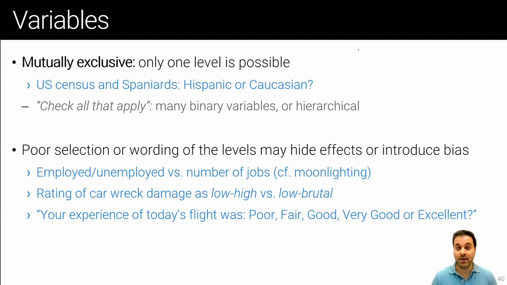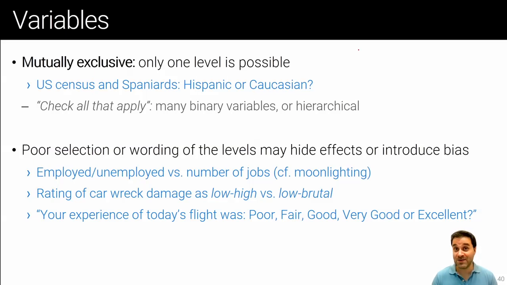Or we could say in a flight, this actually happened to me not long ago. They were asking passengers to rate their experience on today's flight. And the options we had were poor, fair, good, very good, or excellent. And if you see, most of the options are actually positive. Good, very good, or excellent. There's only one option that is poor.